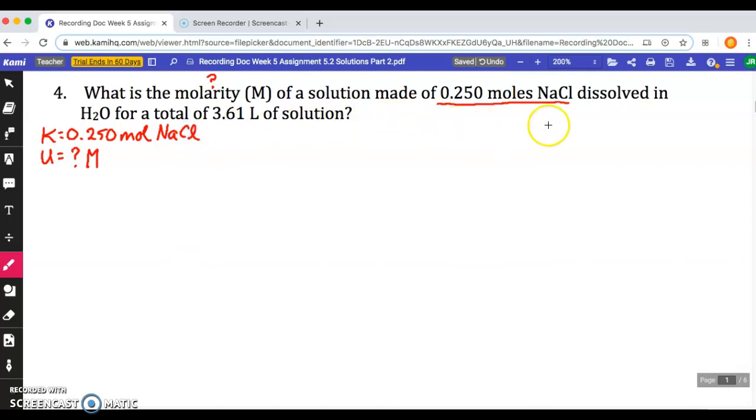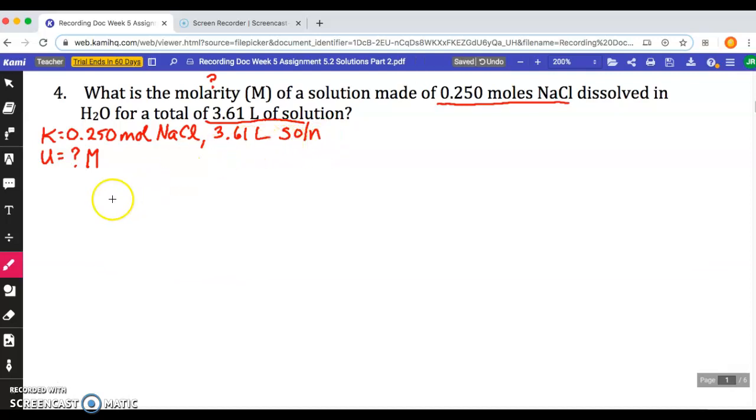Okay, what else? Dissolved in H2O for a total of 3.61 liters of solution. Again, we have another known right here. So that's your other known, 3.61 liters of solution. And this is my shorthand for solution, SOLN.